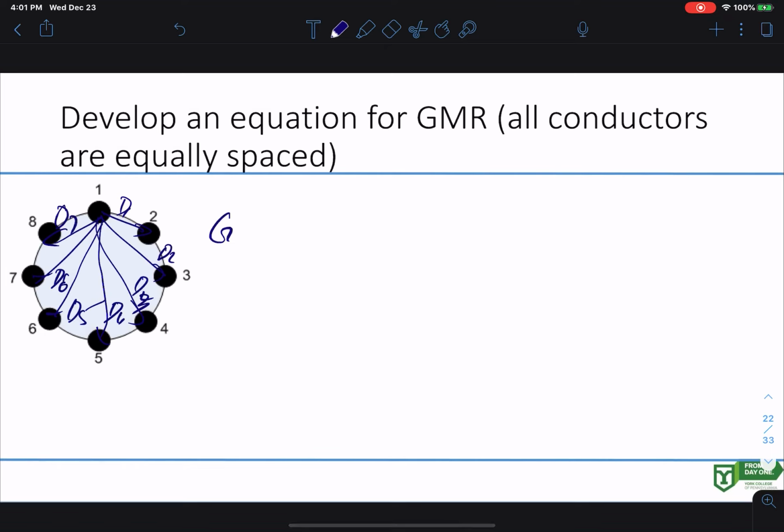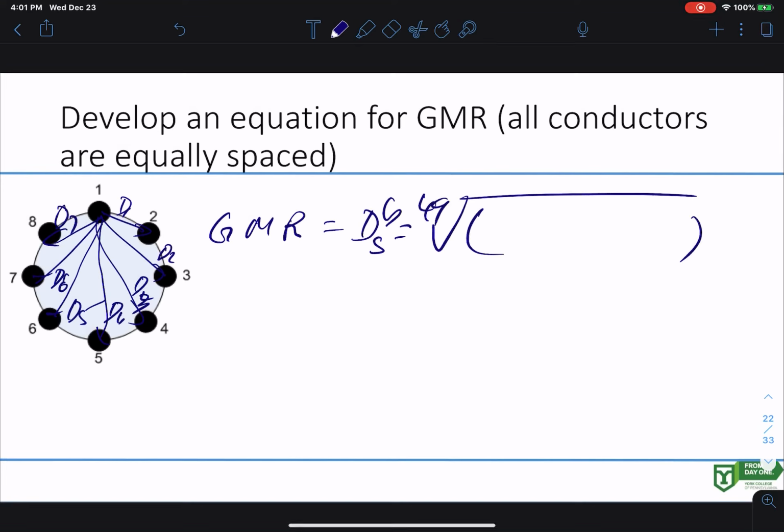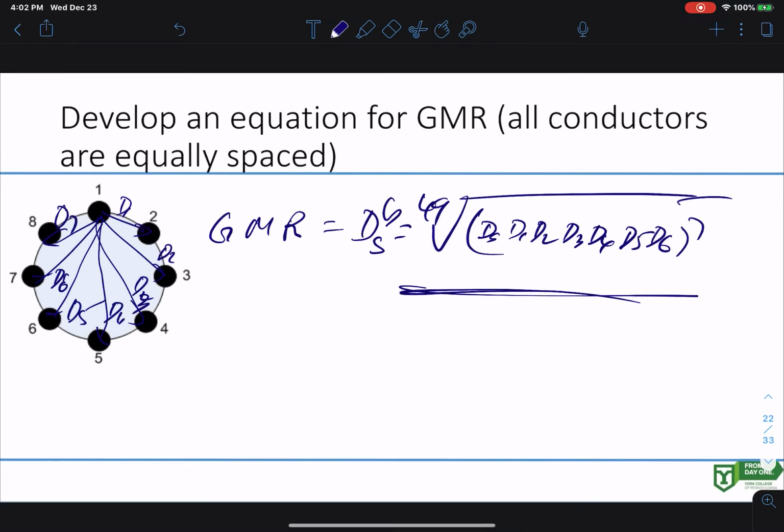Then you can easily find the GMR for this bundle, which we call DSB. You know there are 49 of them, and every one of them will have the same distance. So we have DS for the self one, then D1, D2, D3, D4, D5, D6, only 6, not 7. That gives you 7 of them, so we'll have the 7th power. That's your DSB for this bundle.